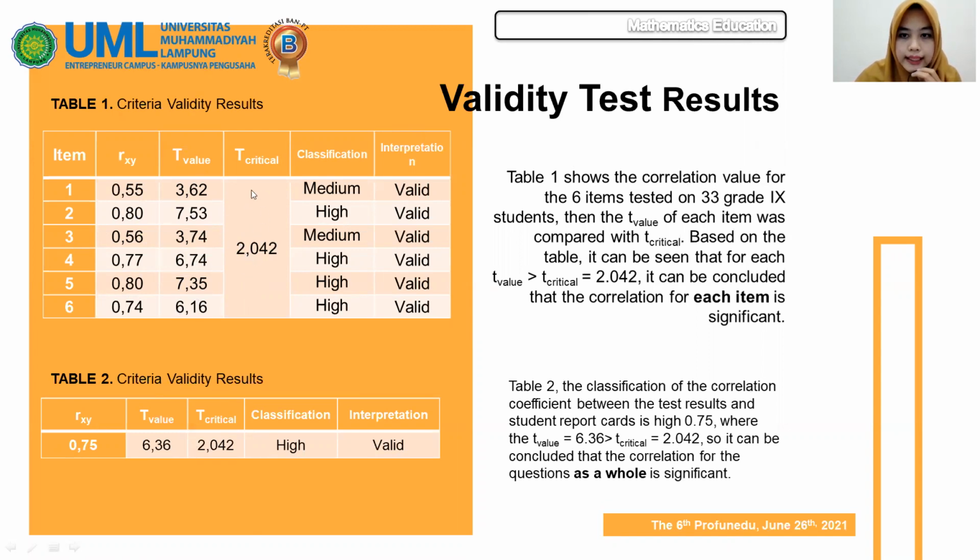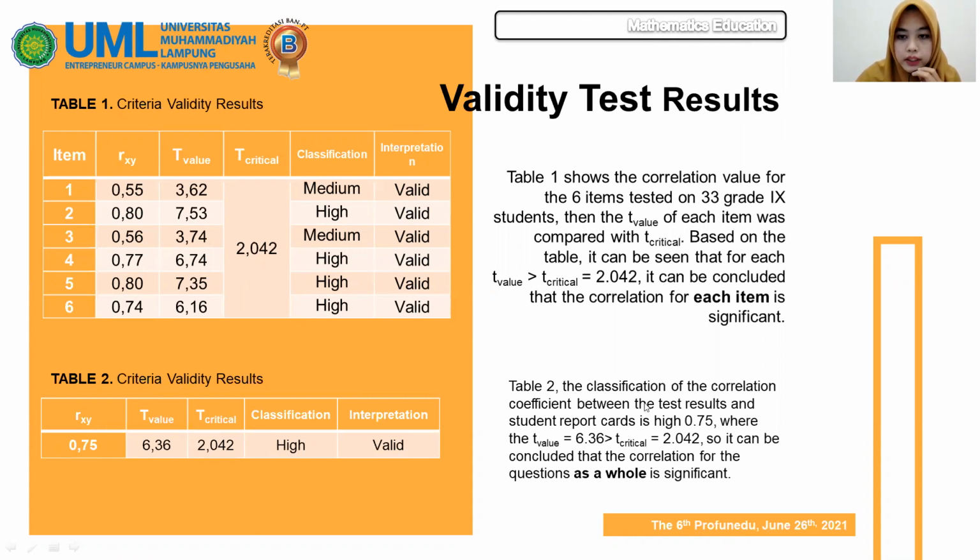Based on the table, each t-value is more than the t-critical, which equals 2.042. It can be concluded that the correlation for each item is significant, so every item is valid.